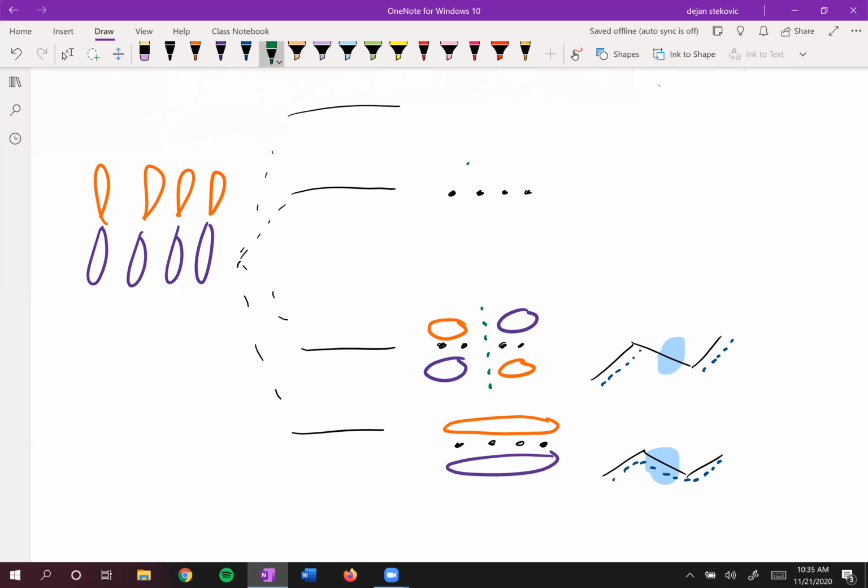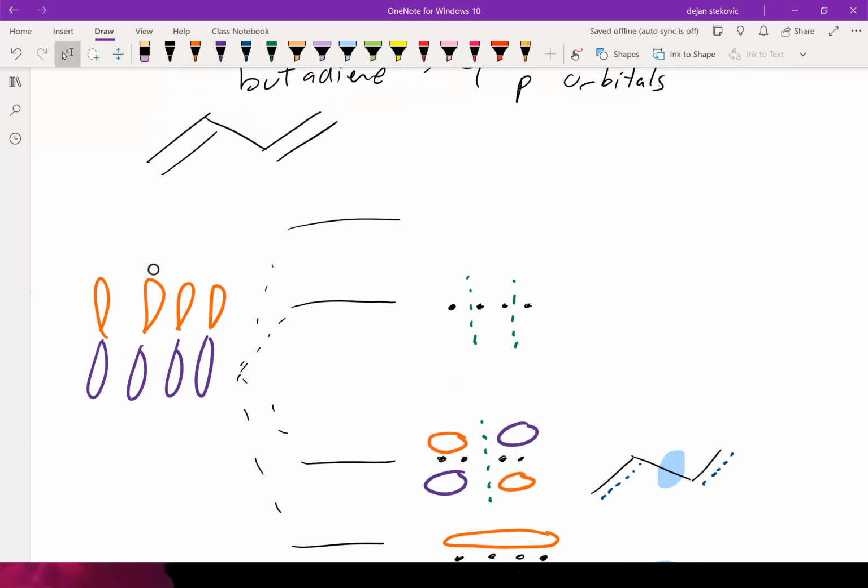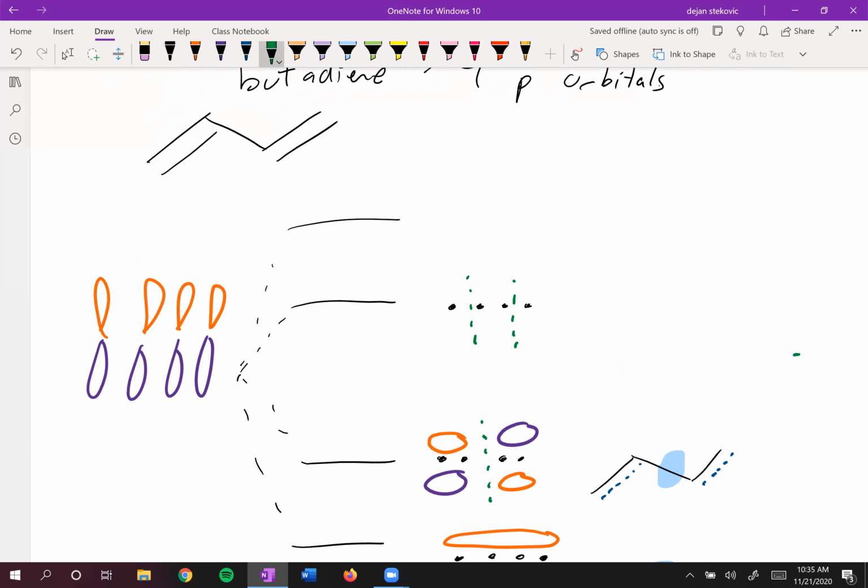And then when we go further up, we insert more nodes. So in this case, we have 2 nodes. And so the central one's kind of like a bonding type of thing, but then the 2 outsides are not bonding.